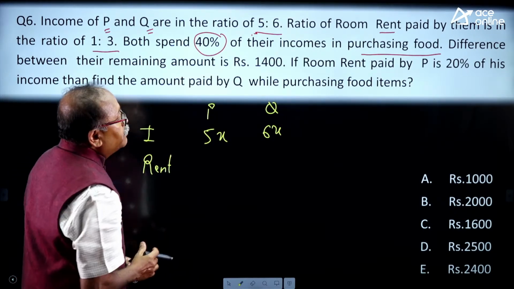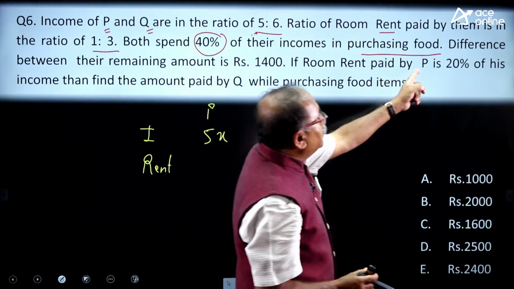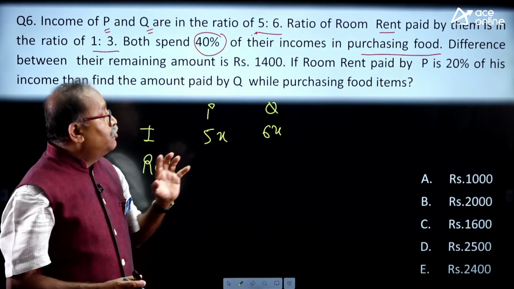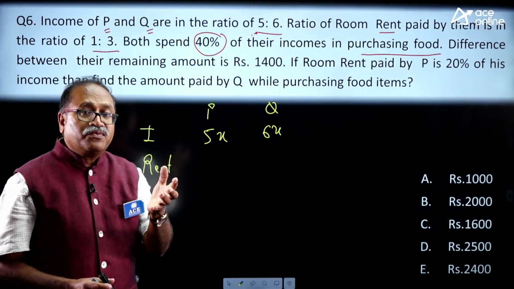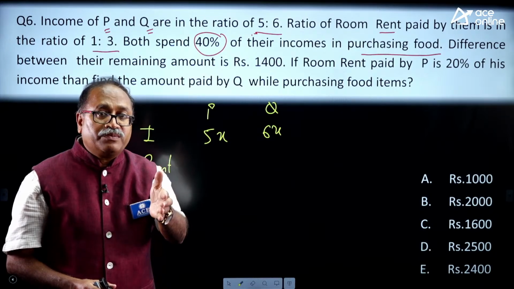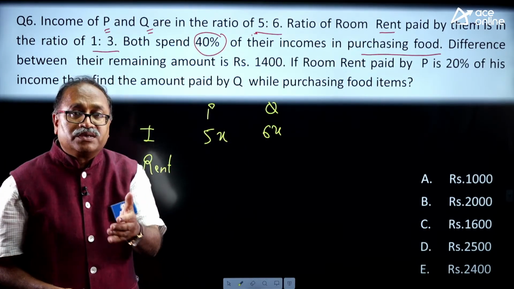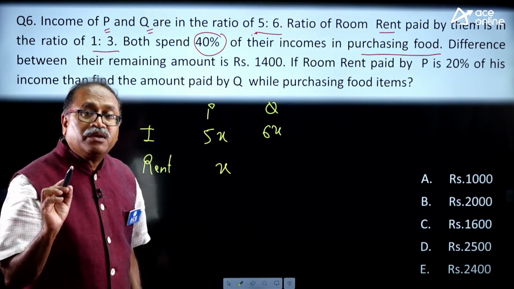And we have some information about rent. The room rent paid by P is 20% of his income. What is the income of P? 5x. What is 20% of 5x? That is x. 20% is nothing but 1 by 5. So what is 5x times 1 by 5? That is x. So this is the rent paid by P.